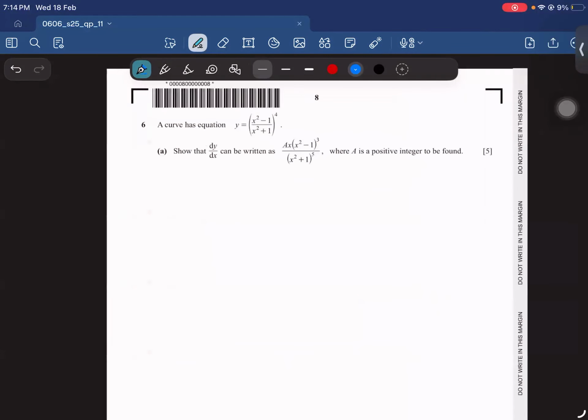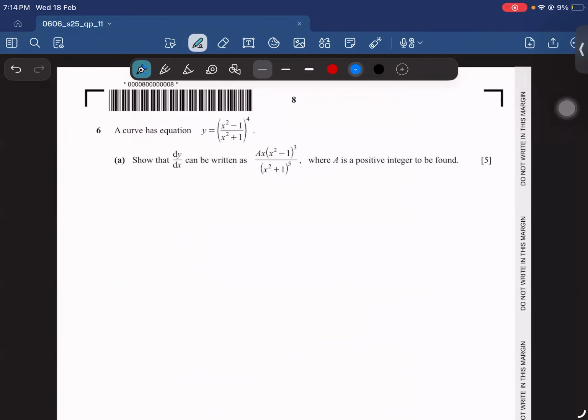Moving on to question 6. A curve has the equation y equals that. Show that the derivative can be written as that, where a is a positive integer to be found. Don't panic when you see questions like this. We're going to go very slowly.